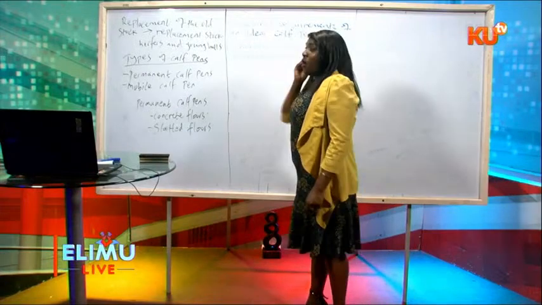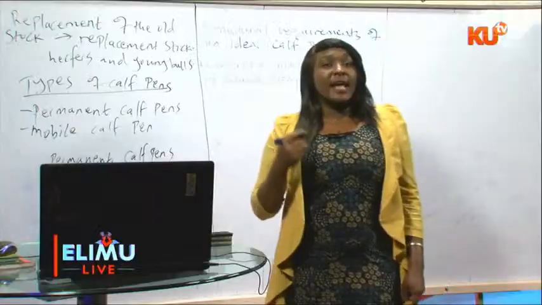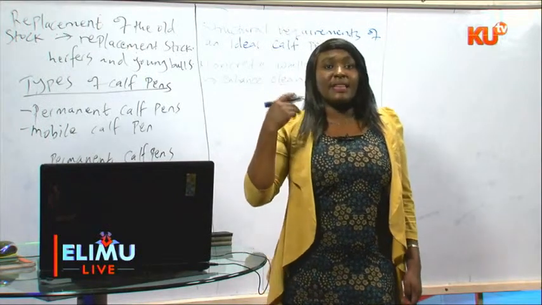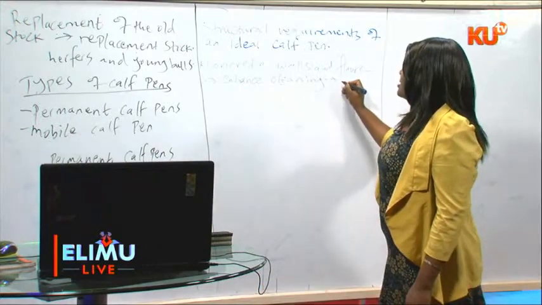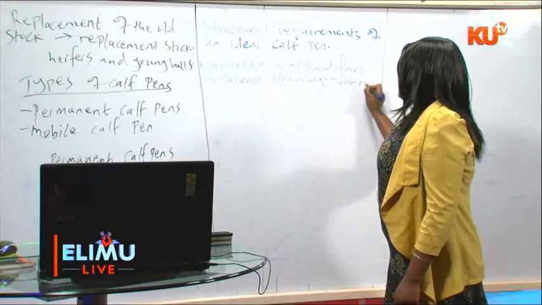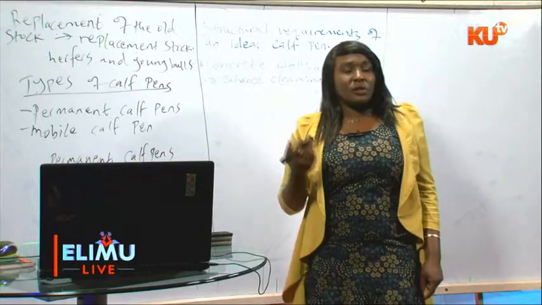When we clean these calf pens more often, we enhance the health of these animals because they do not suffer from diseases such as foot rot. Foot rot can be brought about by areas that are not clean.